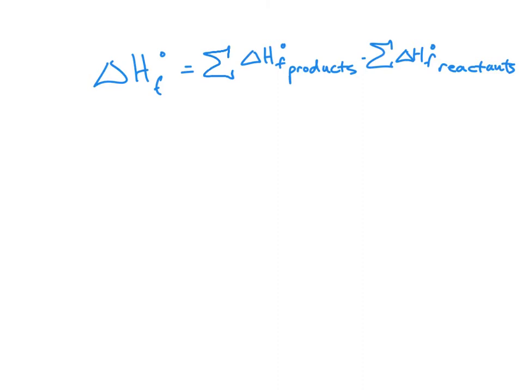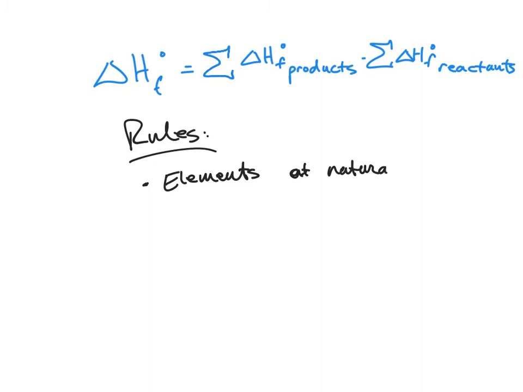So there's a couple of rules, and we've already covered one of them. Elements at natural state are 0.